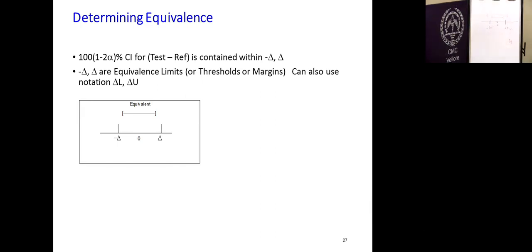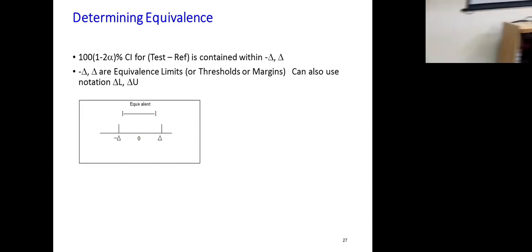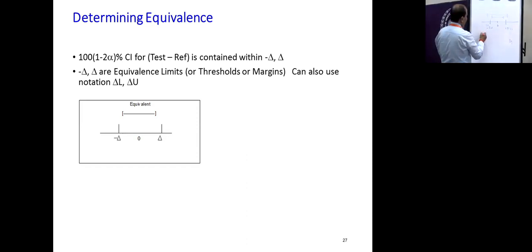So the margin is a priori. Many times after doing the study, people will change the goalposts. I would say 5%, say for example, slightly bit wider. So I get here 7%. Then I'll say my margin is 10%. You can have 7%, but that is so long as 10% is acceptable.